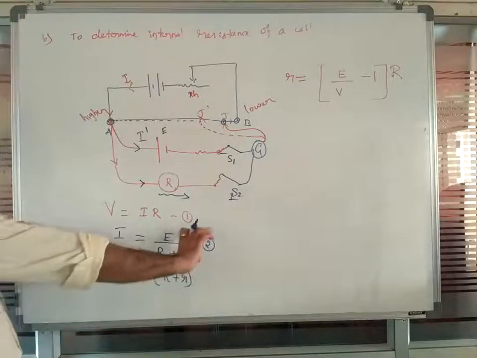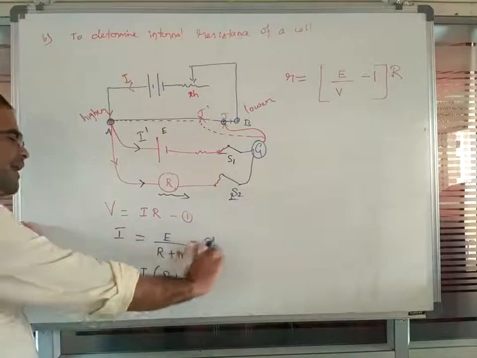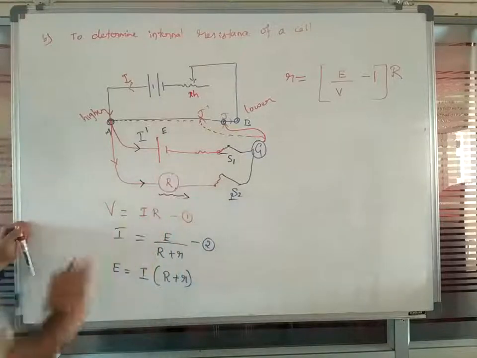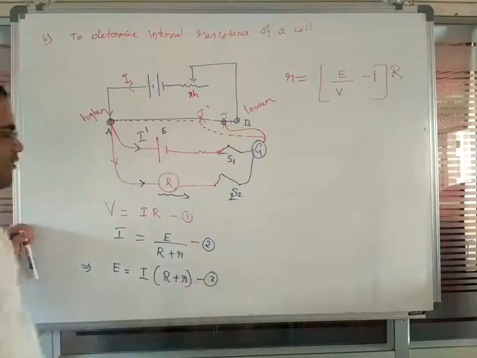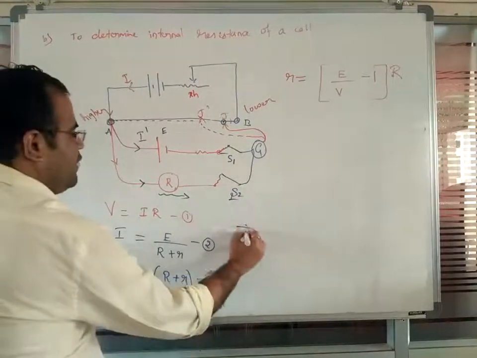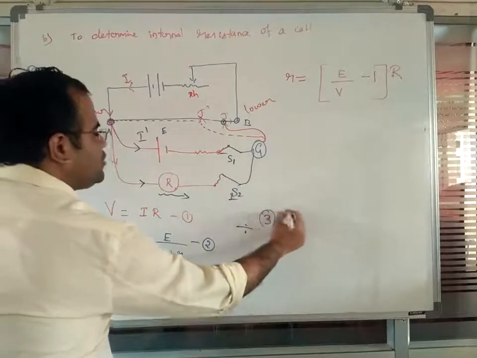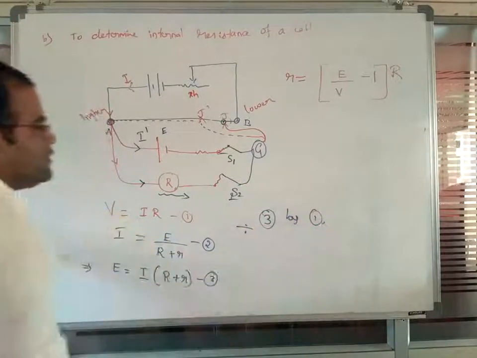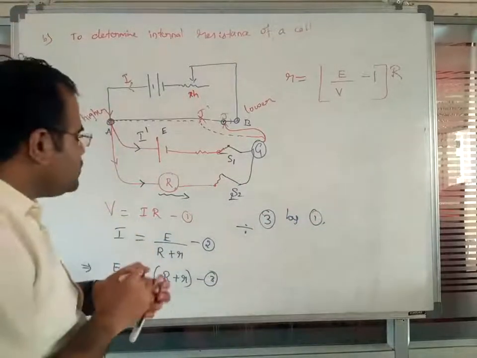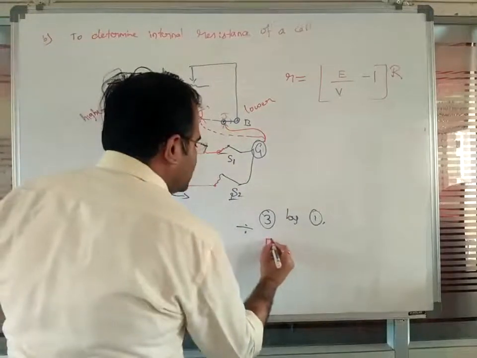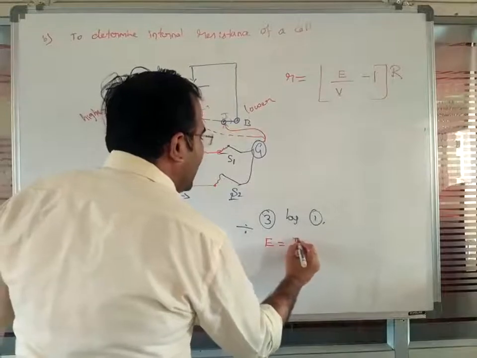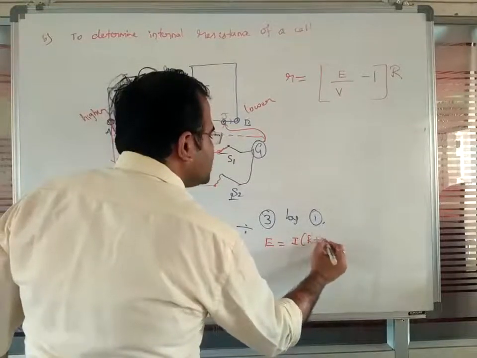So now we will divide the third equation by the first equation. So when we divide, you are going to get the equation like this. E is equal to I into (R plus small r).